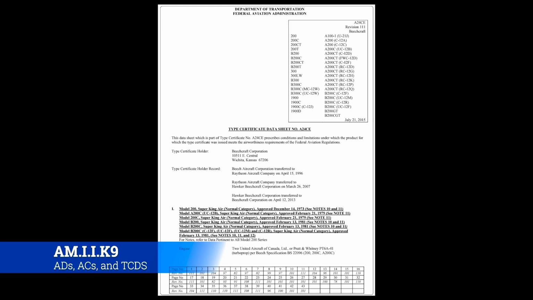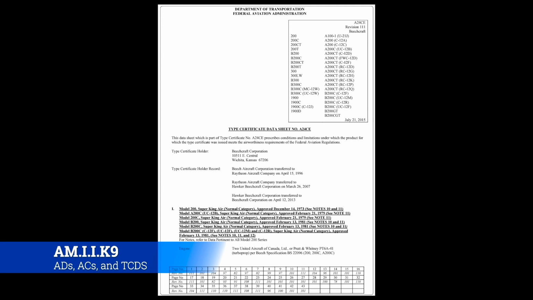All of this will basically say, hey, look, this is the paperwork that says that this is an actual part made by an actual manufacturer, and it is legit and has all the information that you need to know about what the type certificate is for that aircraft and what everything is supposed to comply with. Now, the TCDS will list the specifications, conditions, and limitations under which the airworthiness requirements were met for a specified product.